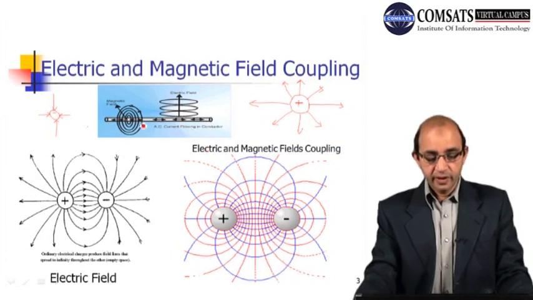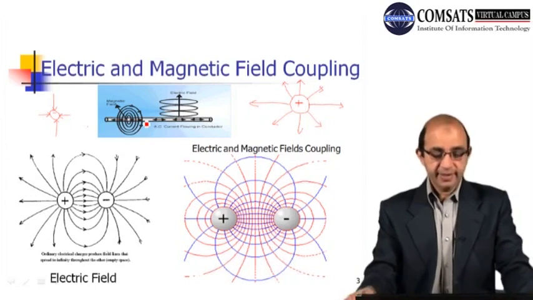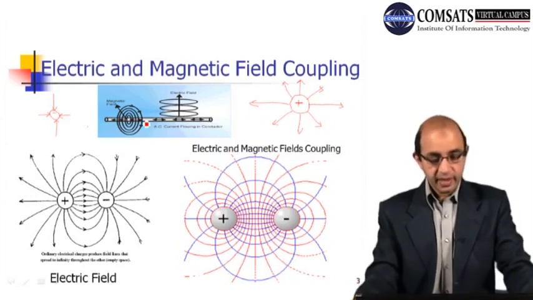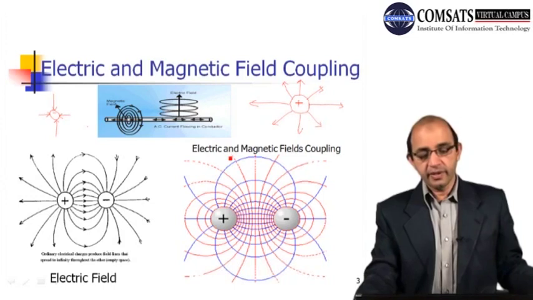So here we have a wire, and a charge is moving, so as a result of the movement of charge, current is flowing in the conductor. So this is the direction of the electric field, and here we have the magnetic field that is surrounding this cable. So here we have explained the coupling of electric and magnetic field.